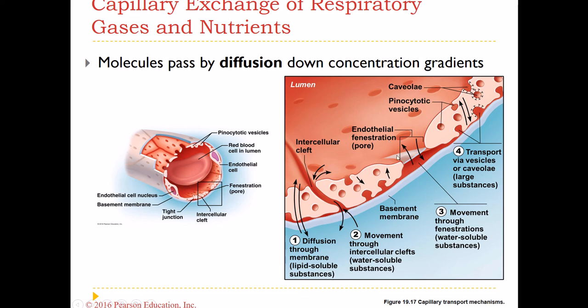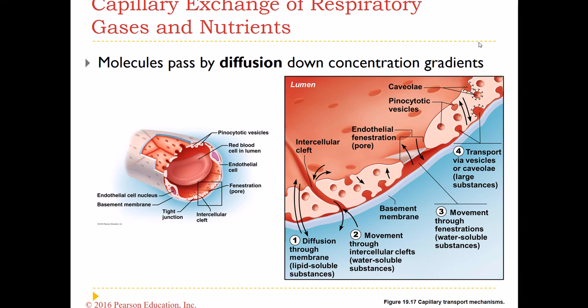And if you have something quite large, then you might not just use passive diffusion, but maybe even some active transport via a little vesicle, like an endocytosis, exocytosis process. So that's how solutes move into and out of capillaries, mostly through diffusion, but then maybe some large things will use a little bit of active transport.